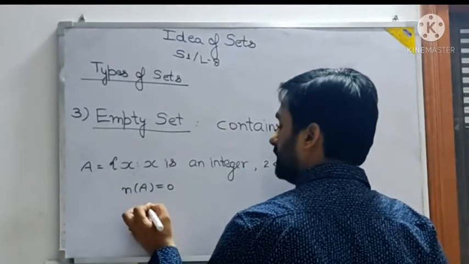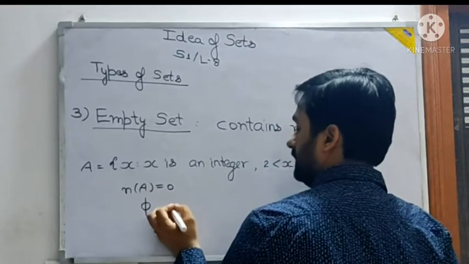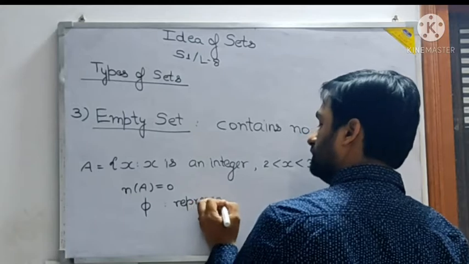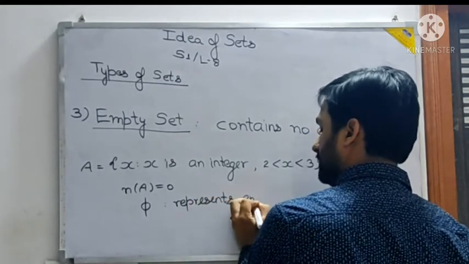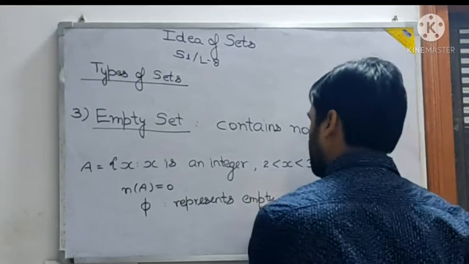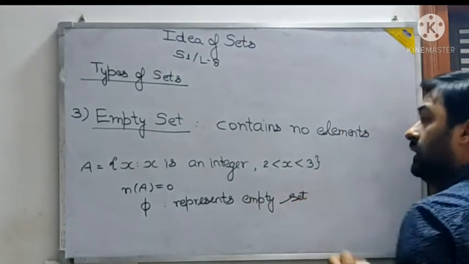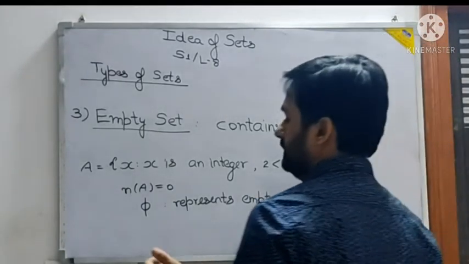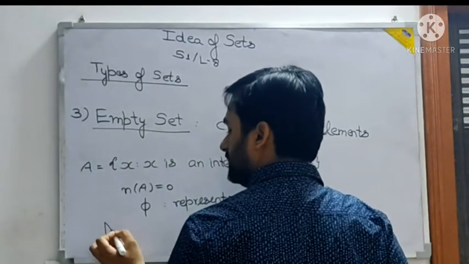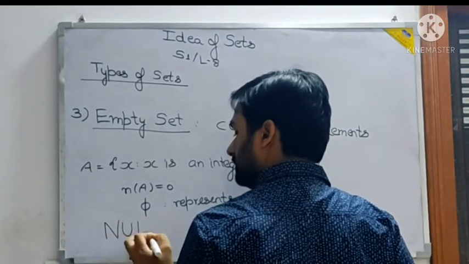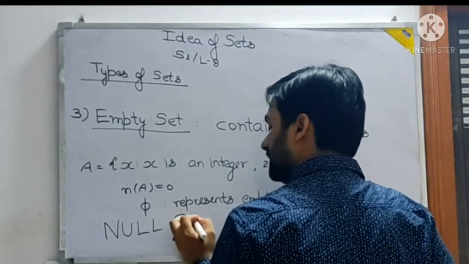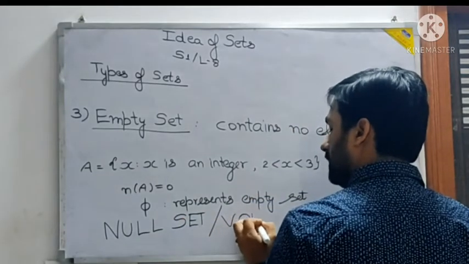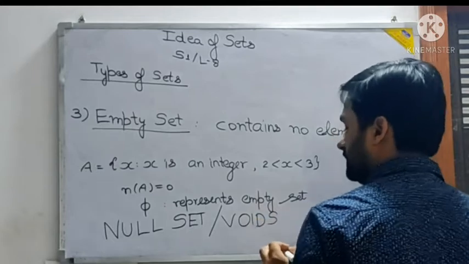How to represent the empty set? The symbol phi represents the empty set. We also call the empty set by one more name, null set or void set. You must have studied about voids.